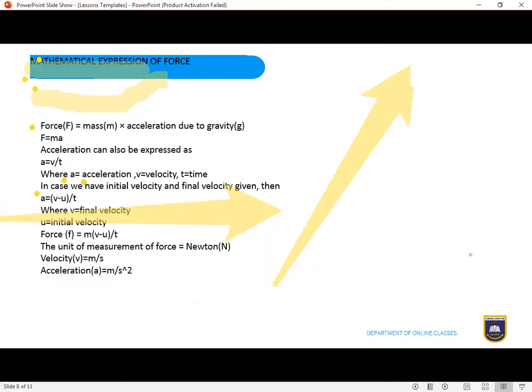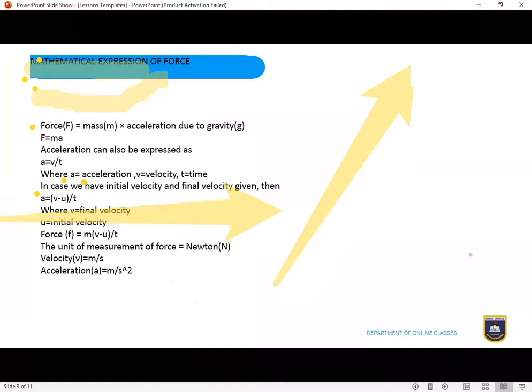Final velocity is the end point, the velocity attained at the end of your journey, or at the end of your movement.